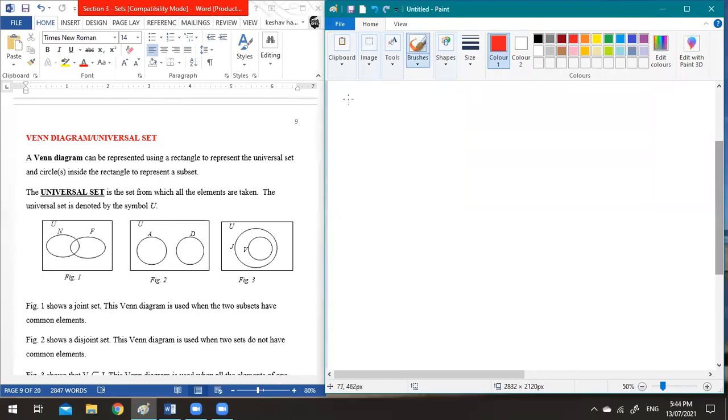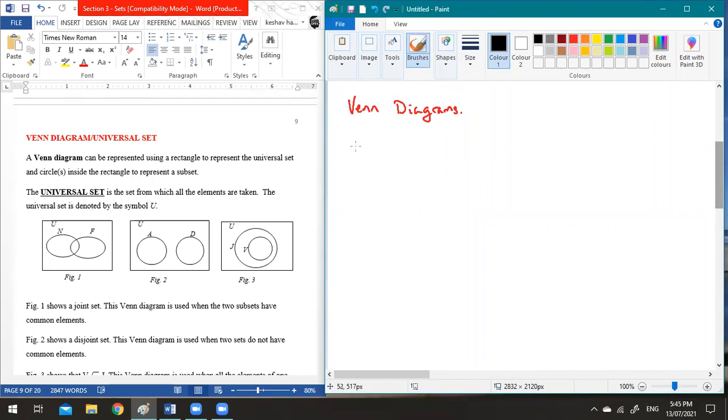Right, so this session we're going to do Venn diagrams and universal sets. So, Venn diagrams. Now what is a Venn diagram? A Venn diagram is basically how you represent sets within the universal set, right?